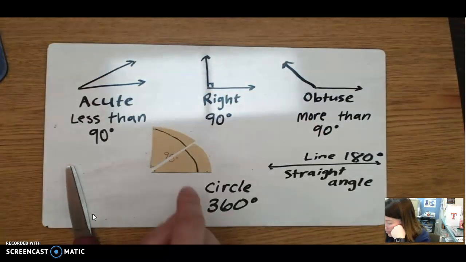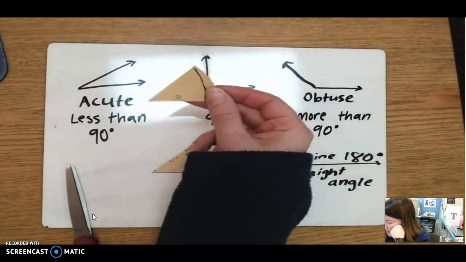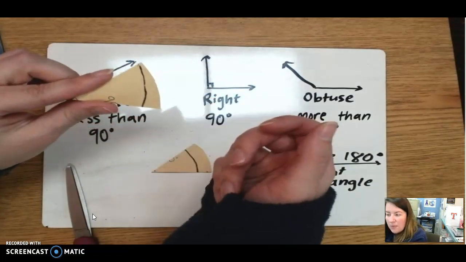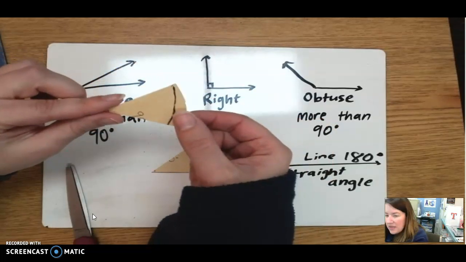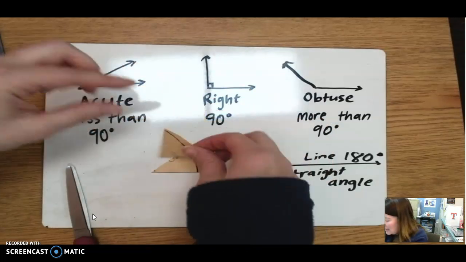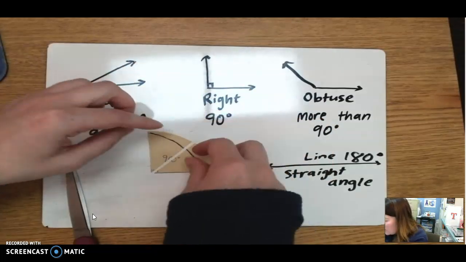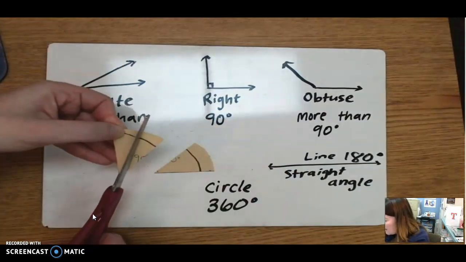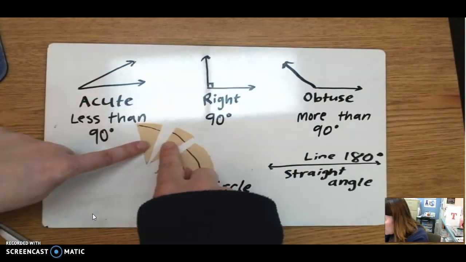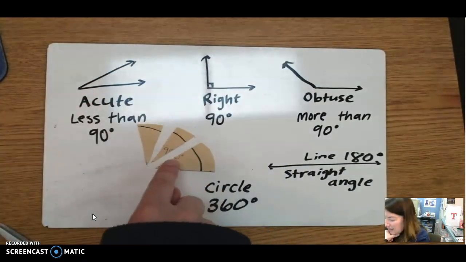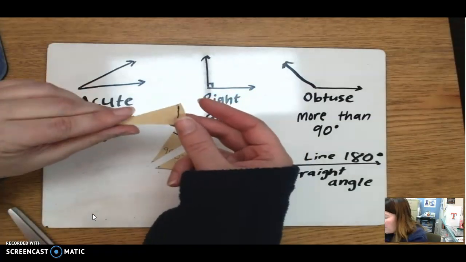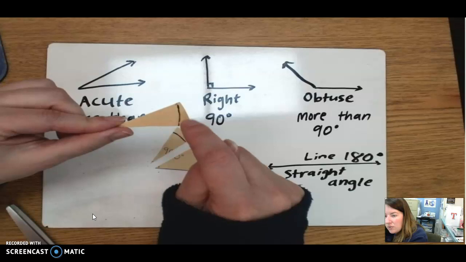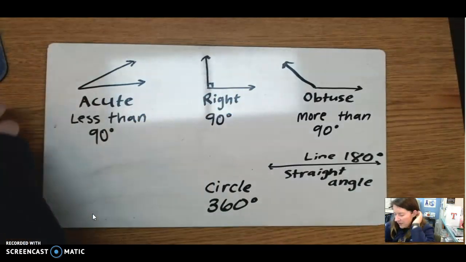I just snipped it off. I don't know what the measure exactly is right now because I haven't learned how to measure it. But I do know that this is an acute angle because it's less than 90 degrees. So like you could cut these again. These are all acute angles because they're less than 90 degrees. So we're going to learn how to measure exactly how many degrees they are.